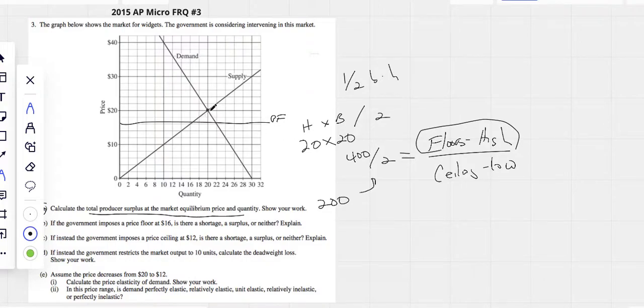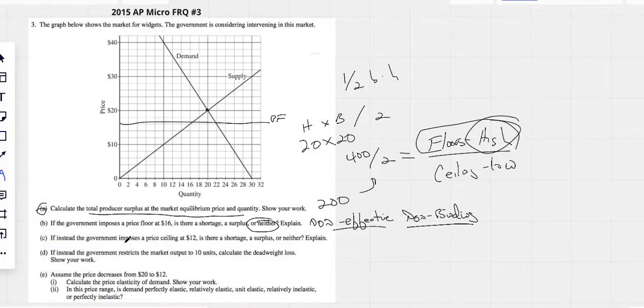This floor we've drawn in below the equilibrium. It is not high, it is low, so therefore it is non-effective, and that's how we would explain it. It's non-effective or it's non-binding. It will do nothing because it is below the equilibrium.